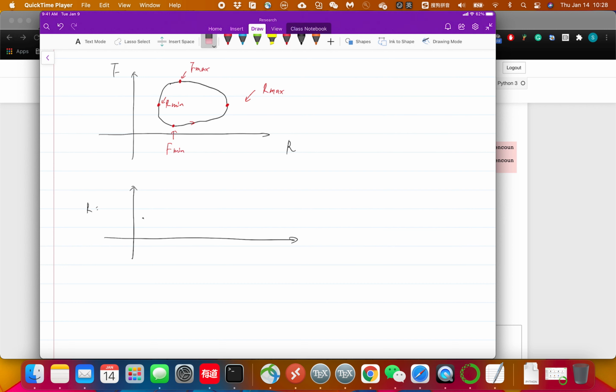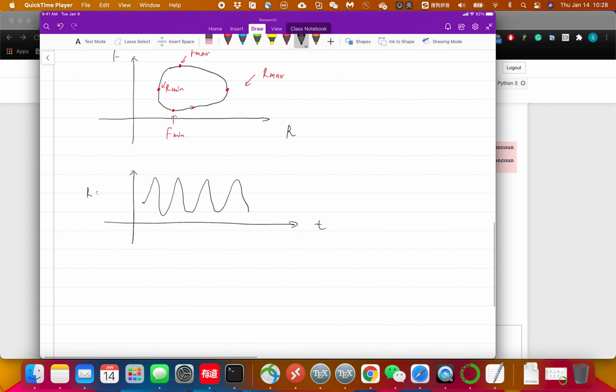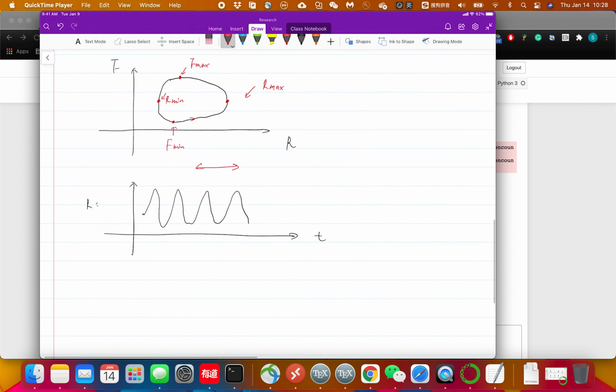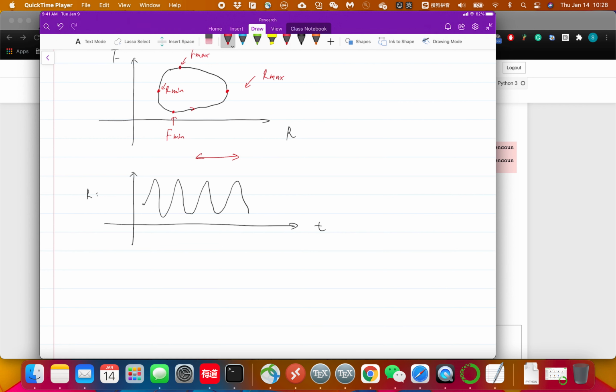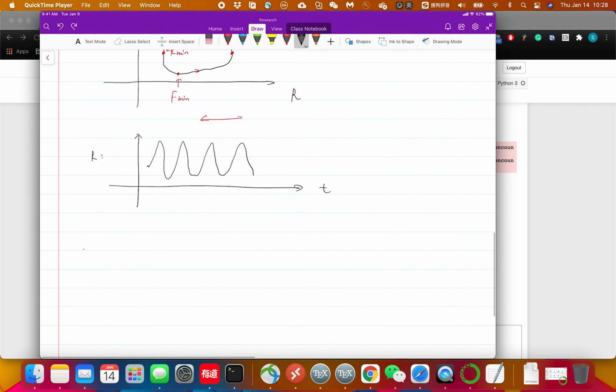So basically, you're going to have a periodic behavior of the rabbit like this, if you put time, corresponding to bouncing between left and right on this R-F trajectory. So if you just keep going like that, your rabbit goes up, goes down, goes up, goes down, if you focus on the horizontal pattern. Similarly, if you focus on the fox, the vertical pattern, you will also see this one follows an oscillation.